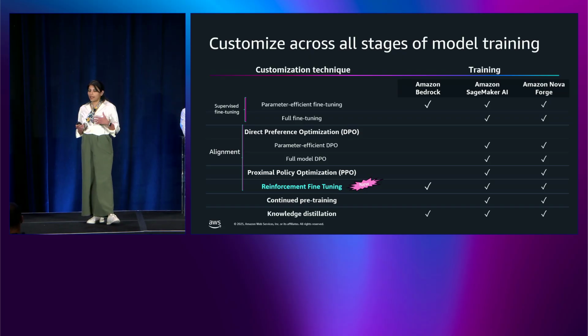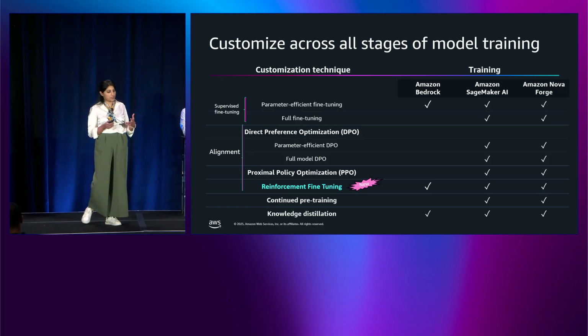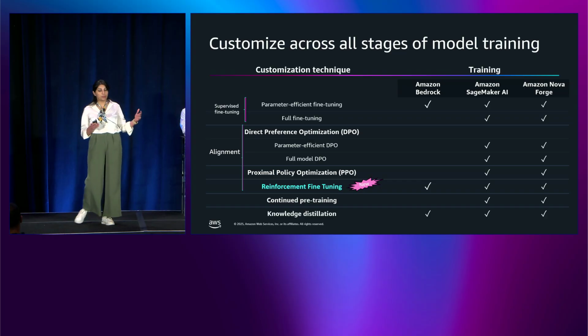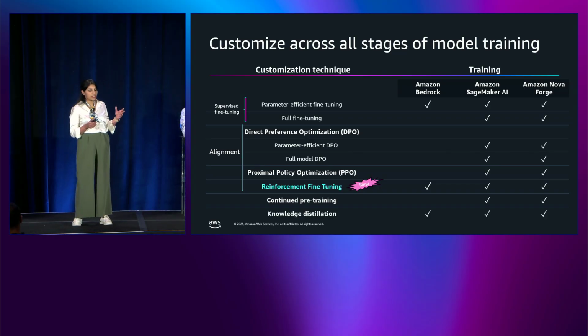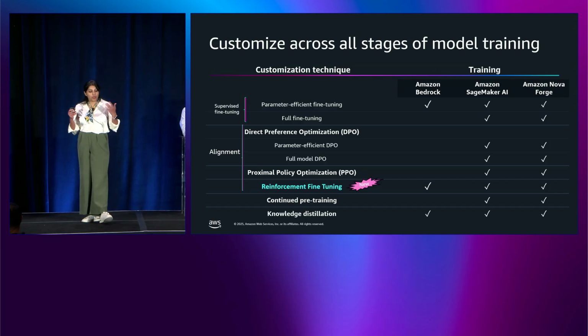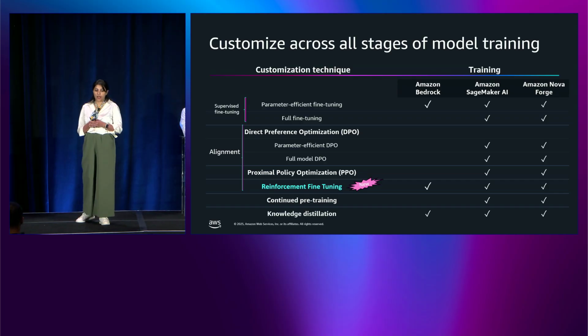Supervised fine-tuning, you have PEFT or parameter efficient fine-tuning and full fine-tuning techniques. In terms of alignment, you can either do direct preference optimization or PPO, proximal policy optimization, or the newly launched reinforcement fine-tuning as well.